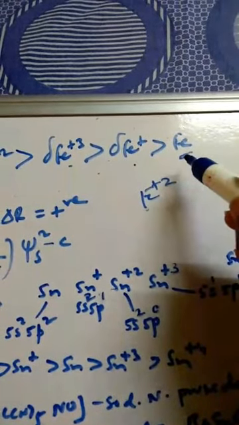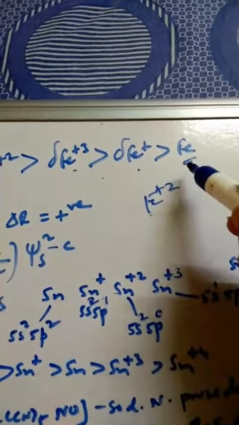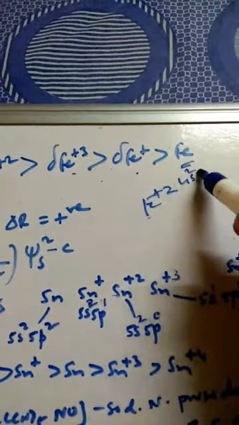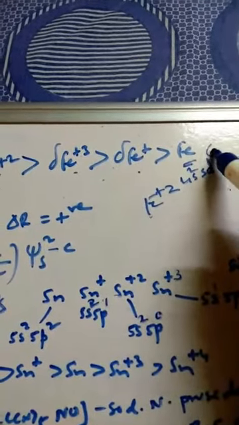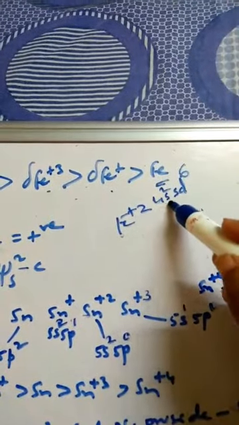which has the electronic configuration of 3d6 4s2.